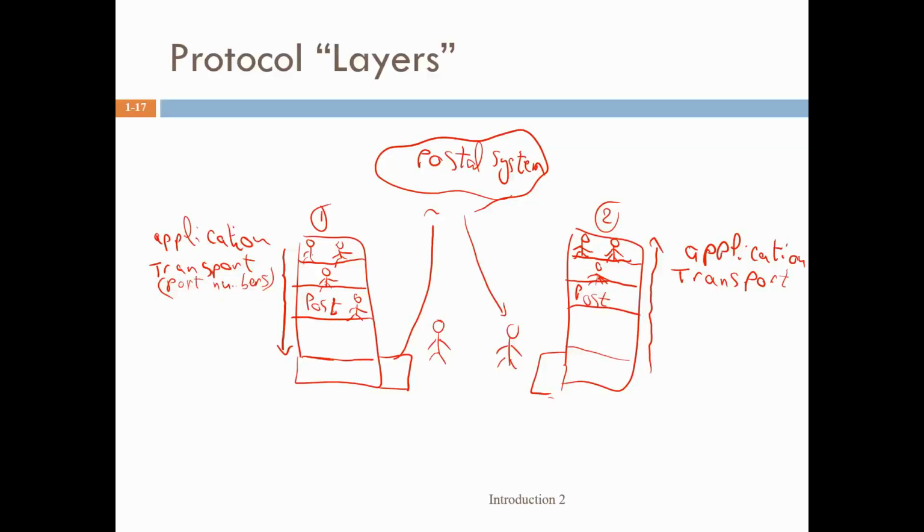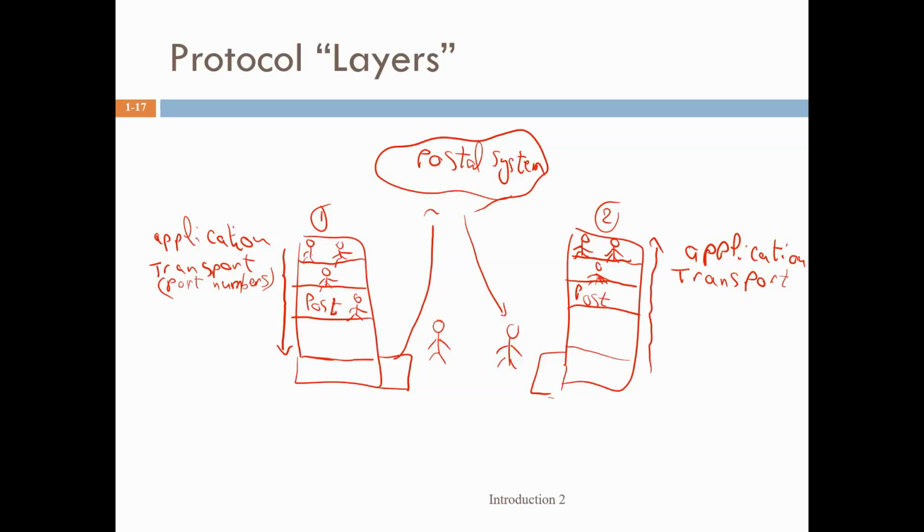Basically, when the application layer opens a process, this process will be given an ID by the transport layer. This ID is called a port number. And then the receiving end will also have a process that is going to accept the data. This process will also have a different port number. So the transport layer at the sender will insert two port numbers into each application layer data.